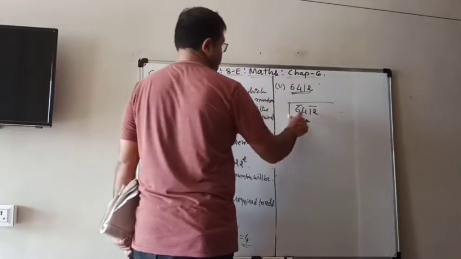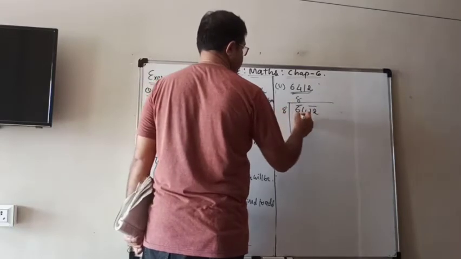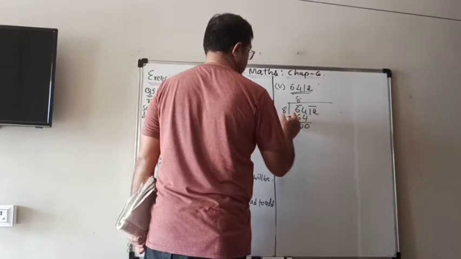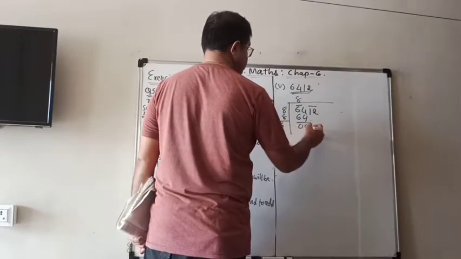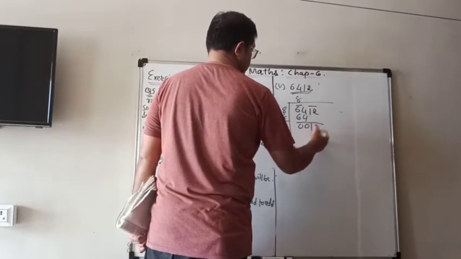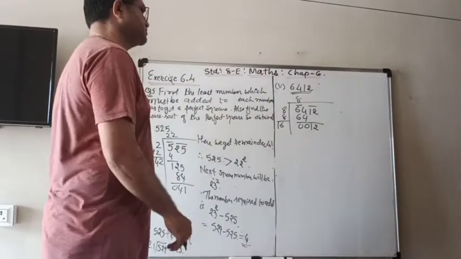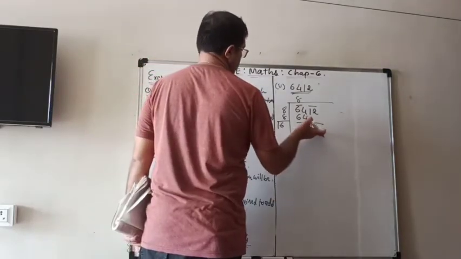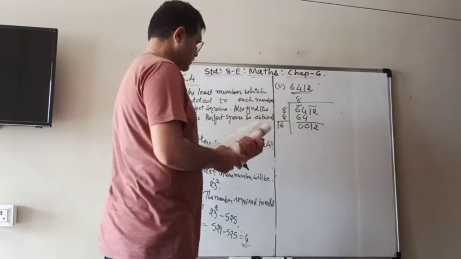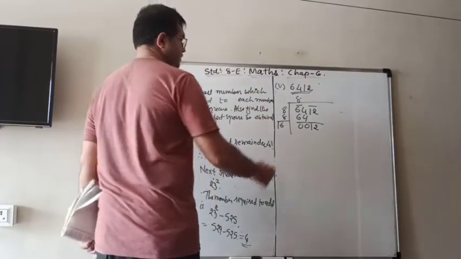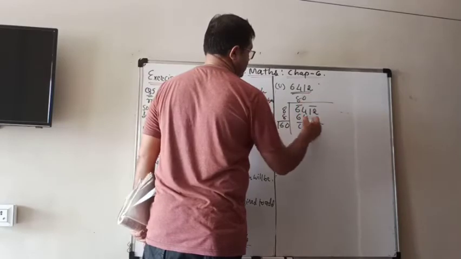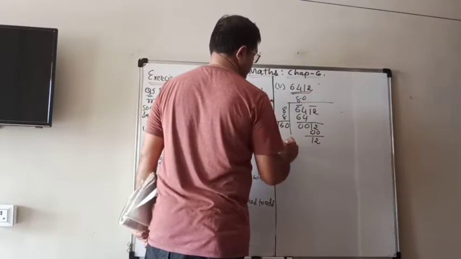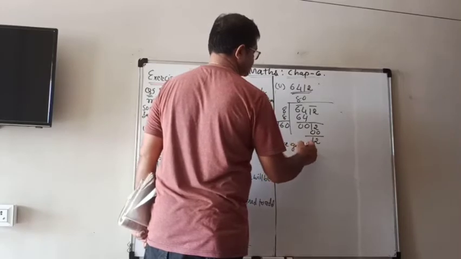Now we know that 64 means 8, 8s are 64. Then 16. Now here also you can see that if you put 1, 61 ones are also 12, not going to help you. It means we have to take 0. So we get remainder 12 here.